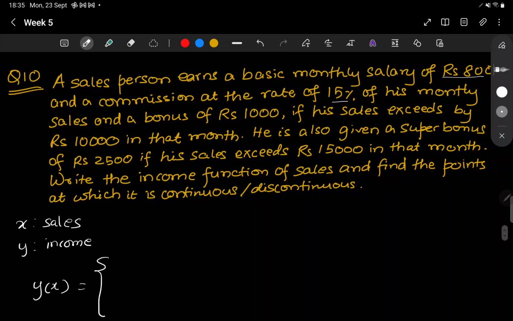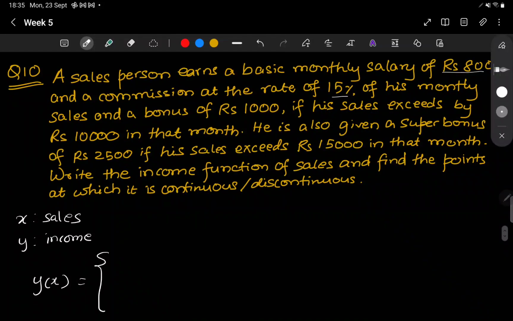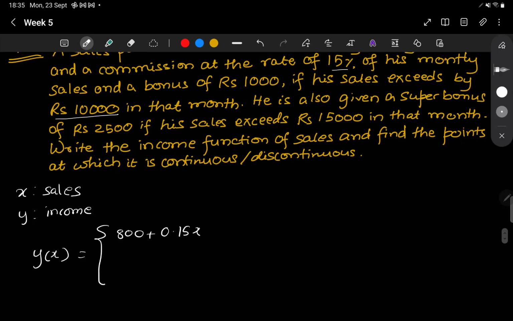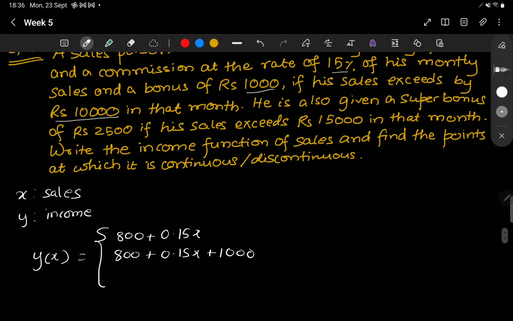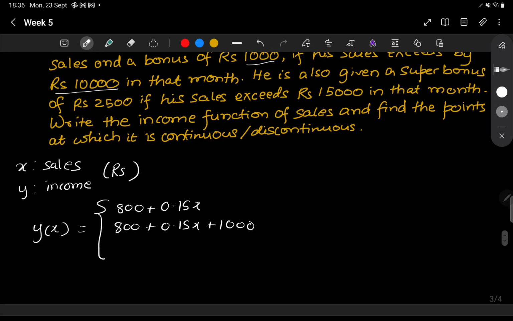So this is 800 plus 0.15x. And the next part is that if the sales exceed 10,000, then he gets a bonus of rupees 1000. So that is 800 plus 0.15x plus 1000, and all of these are in rupees, that's the unit.